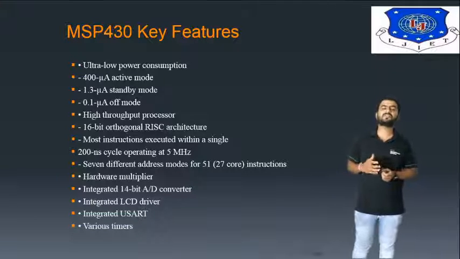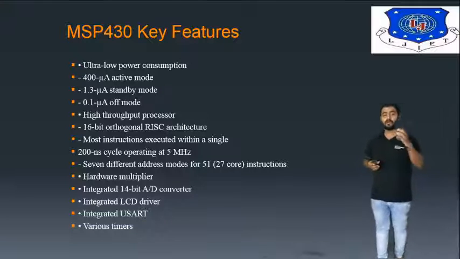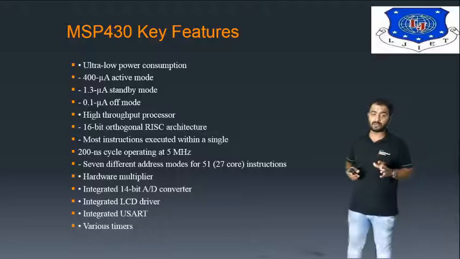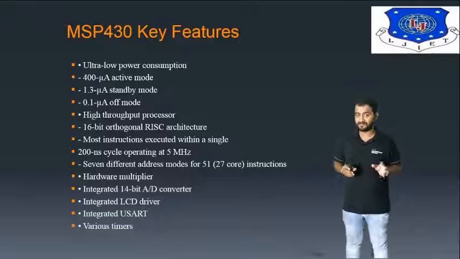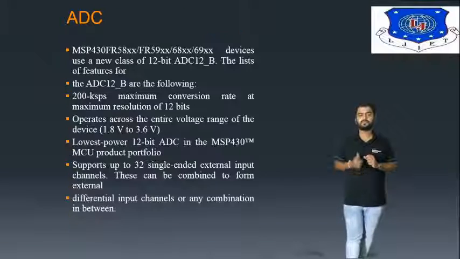So the most popular question is why MSP430 is so popular, and it is because of the low power consumption modes. In a number of exams they also ask you to explain the low power consumption modes of MSP430.